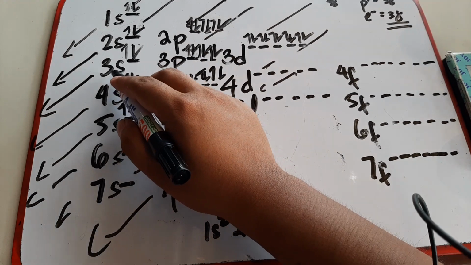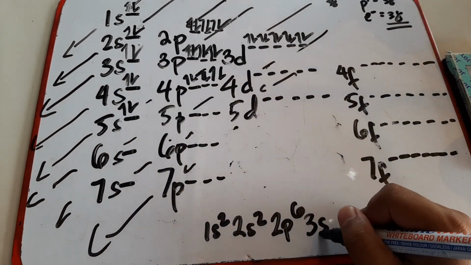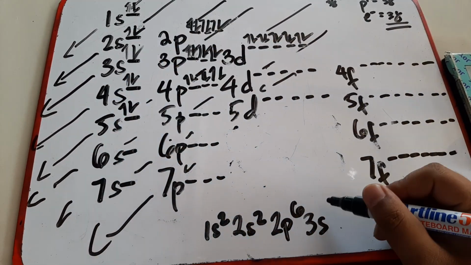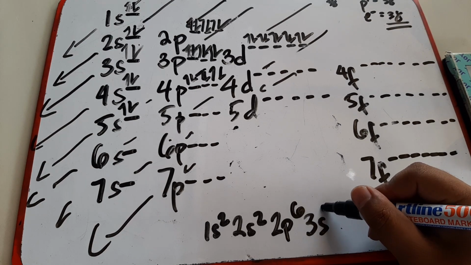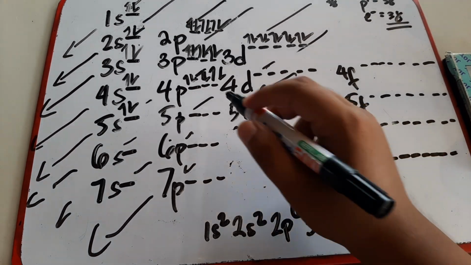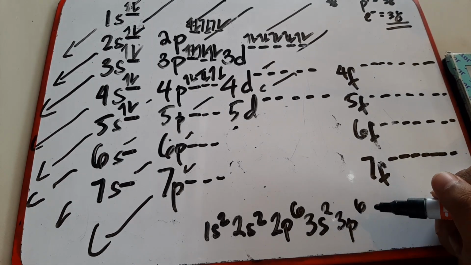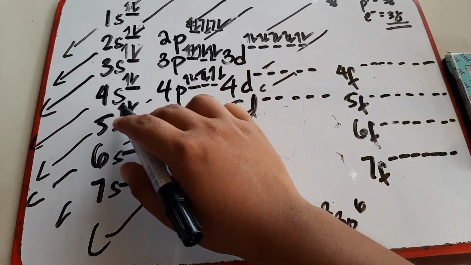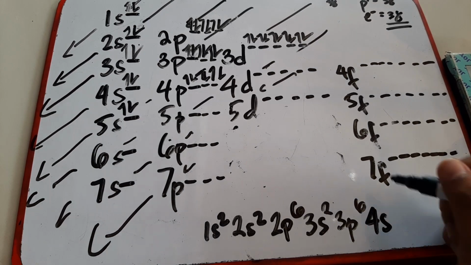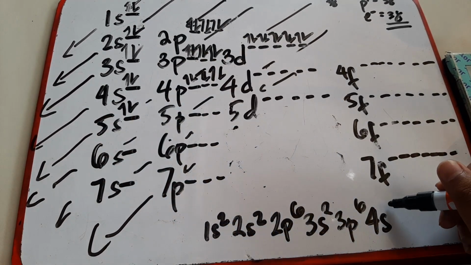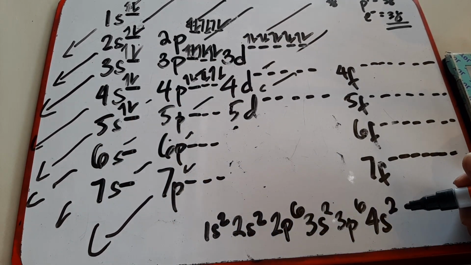And then, here goes your 3s. Ilan dito? 2. Very good. And then, on p, again, I have 6. And then, I have 4s. So, s comes first before 3d because of the shielding effect that I've mentioned.